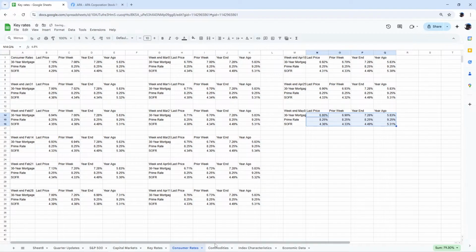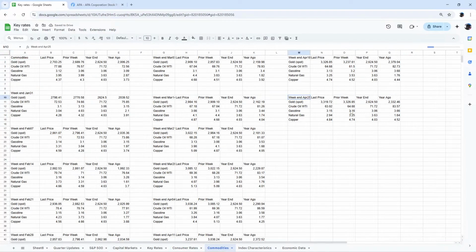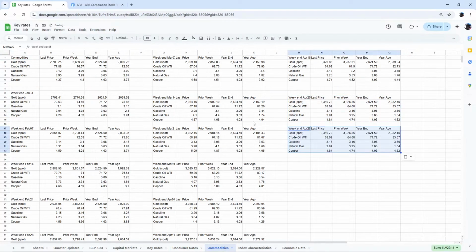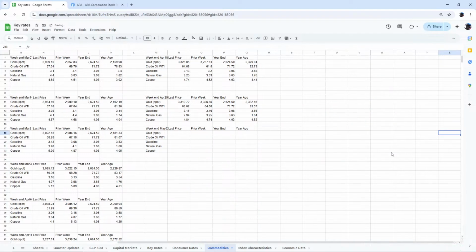Boom, boom, boom. Commodities. See how commodities are doing. Okay, gold spot price. Where you at?